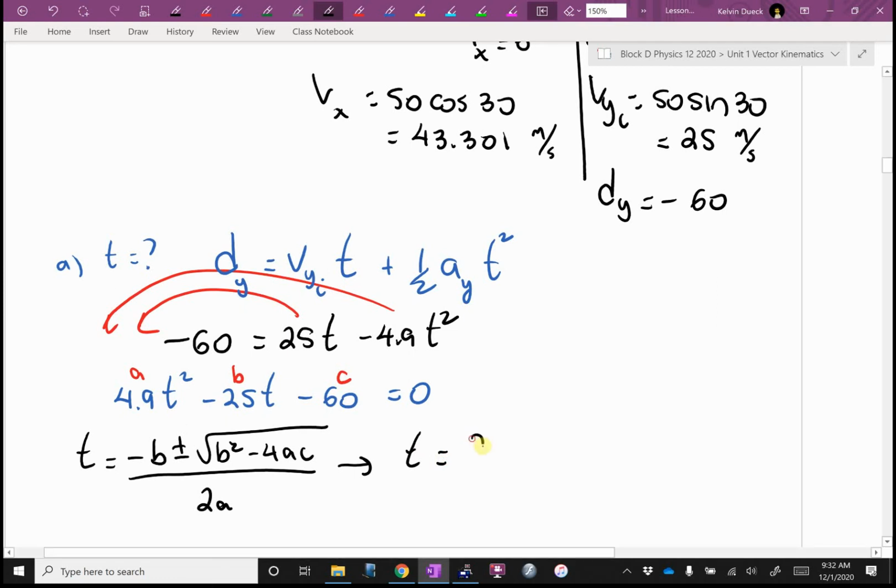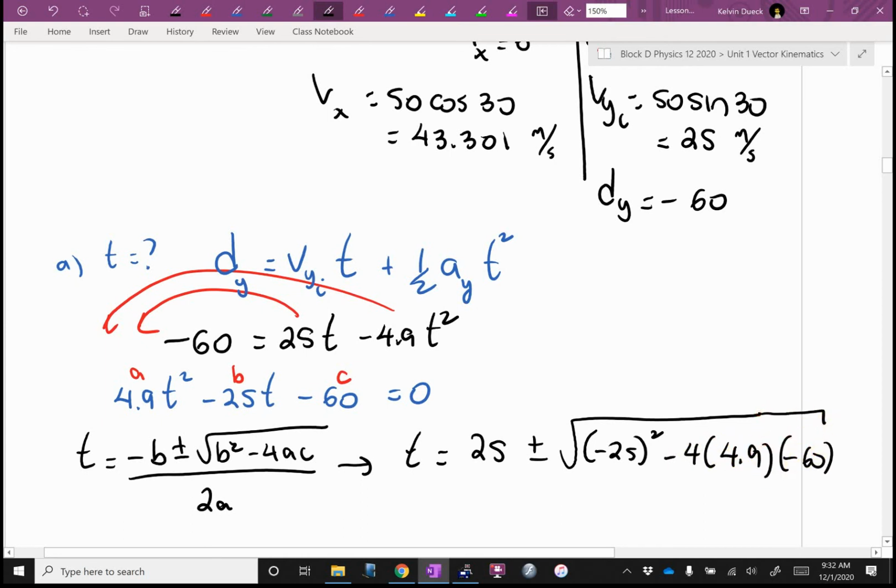Positive 25, plus or minus the square root of negative 25 in brackets squared, minus 4 times 4.9 times negative 60, all over 2 times 4.9, which is going to be 9.8.